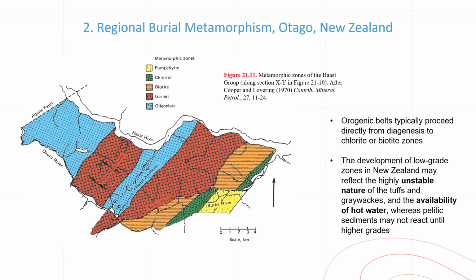So orogenic belts typically proceed directly from diagenesis to chlorite or biotite zones, but the development of low-grade zones in New Zealand may reflect the highly unstable nature. So if you remember our rocks here earlier, they were unstable tuffs and greywackes.